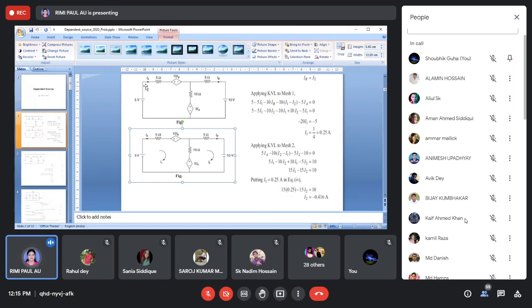How to find this branch current? It is (5 minus 10 IB minus V) by 5, that is equal to IA. Now you can replace IA using this equation.